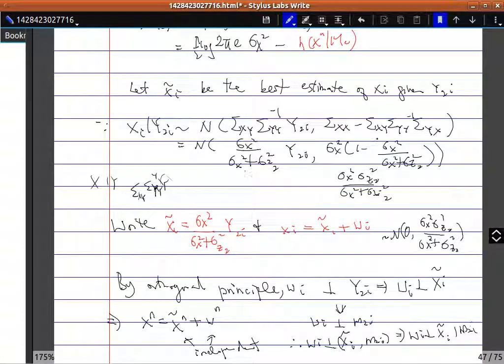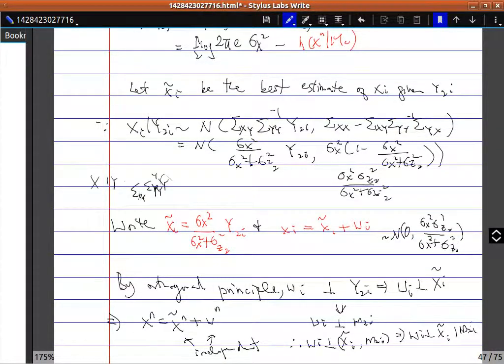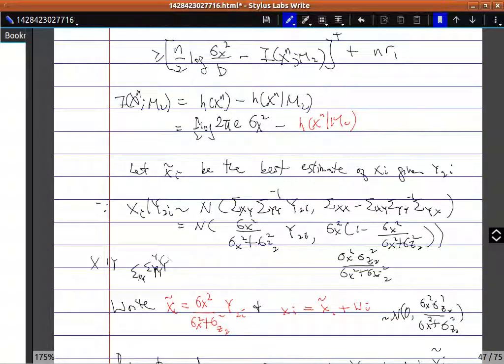Now we just substitute into that, so we know what sigma xy and sigma y are. Sigma xx is just sigma x squared, and we have y2.